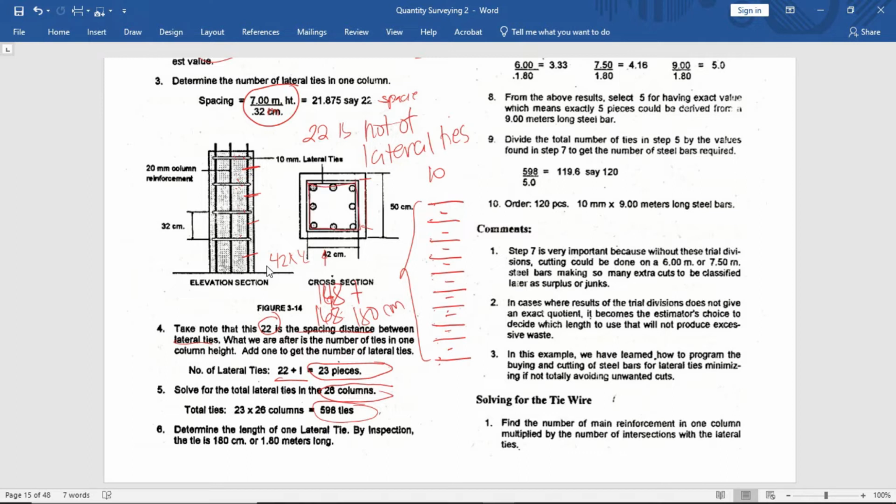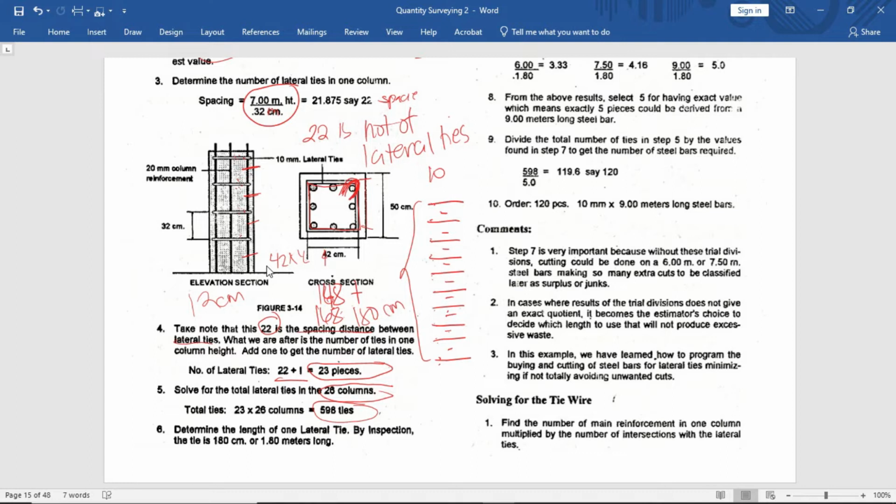So, may tinatawag pa tayong hook dito at dito. In-adjust lang natin dito. May hook pa tayo dyan or dito. Hindi lang pinakita yung sa ano natin. So, meron tayong 12 centimeters. Nasa 6 dito, tapos 6 rin dito.